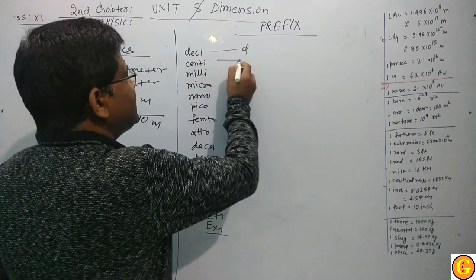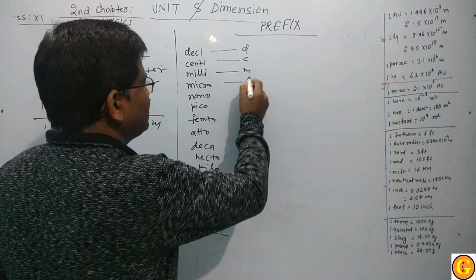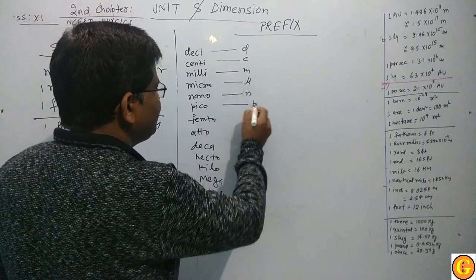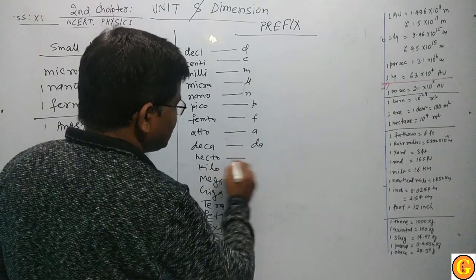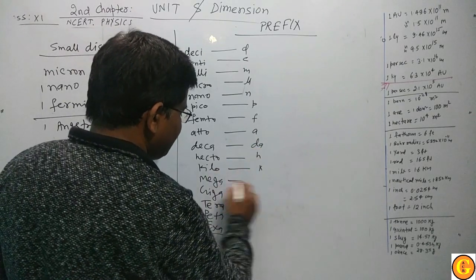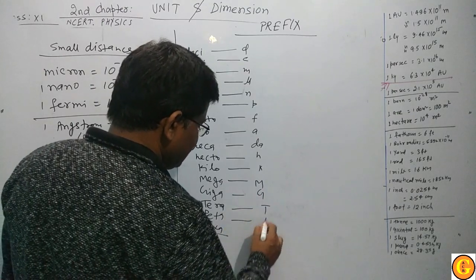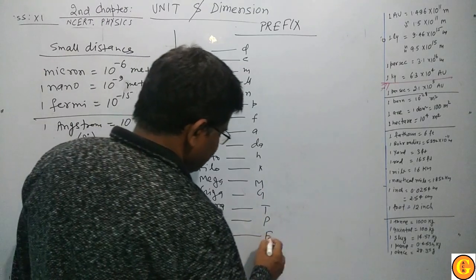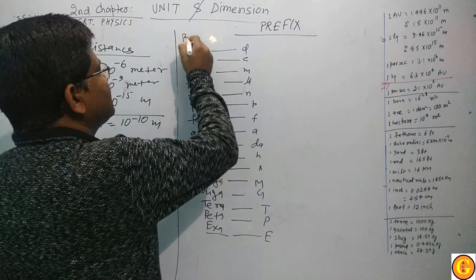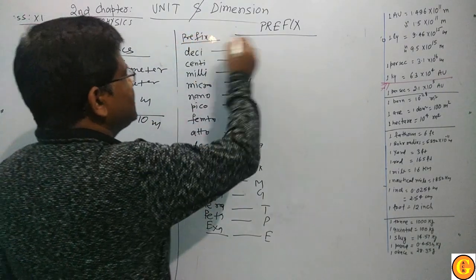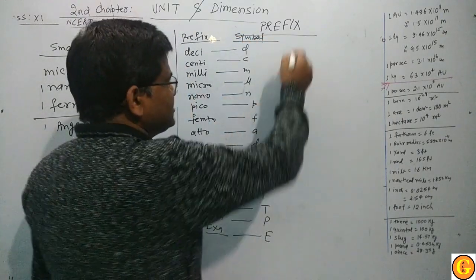Deci D, centi C, milli M, micro mu, nano N, pico P, femto F, atto A, deca D, hecto H, kilo K, mega capital M, giga capital G, tera capital T, peta P, exa E. This is the prefix, this is the symbol, and this one is the value.